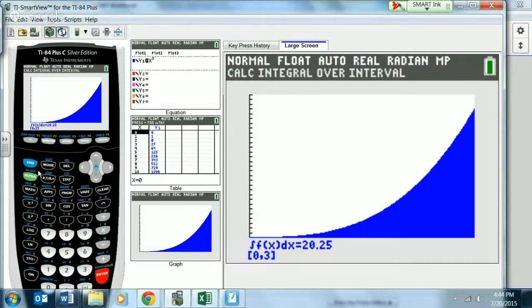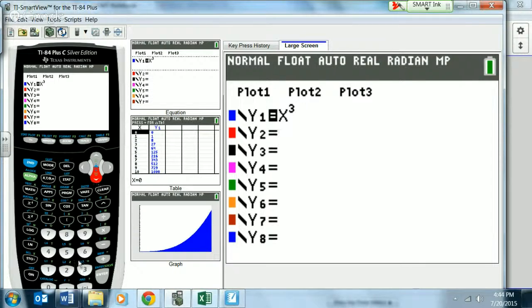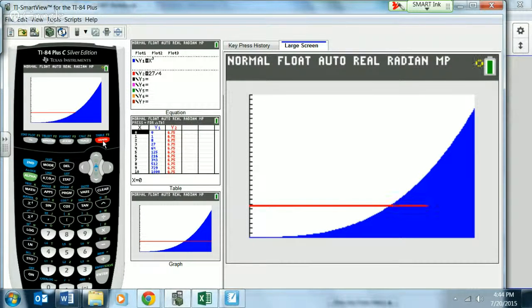Now what I would like to do is go ahead and graph our answer also. So our answer was 27/4, right? So go ahead and graph y equals 27 over 4. That is going to be a horizontal line, right? So let's graph that. Okay, there's our line, y equals 27 over 4.